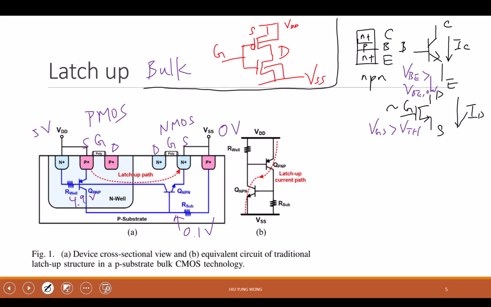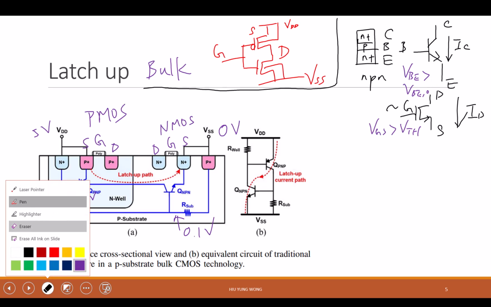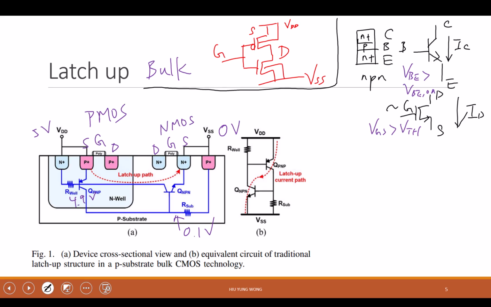Because this is a diode, it goes up exponentially. You just take it for granted. Again, you need to be larger than a certain bias to have significant current going from collector to emitter, just like you need to have the gate voltage larger than VTH to have significant current going from the drain to the source. This is called NPN diode.